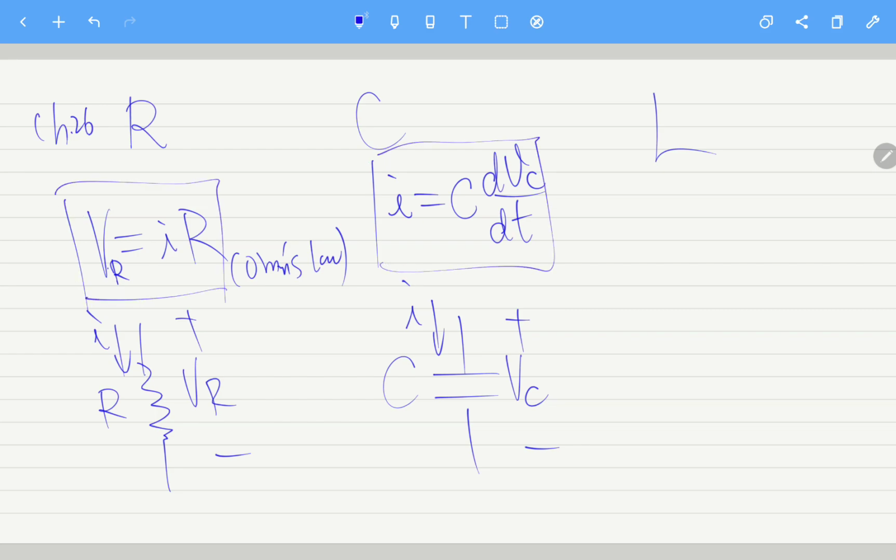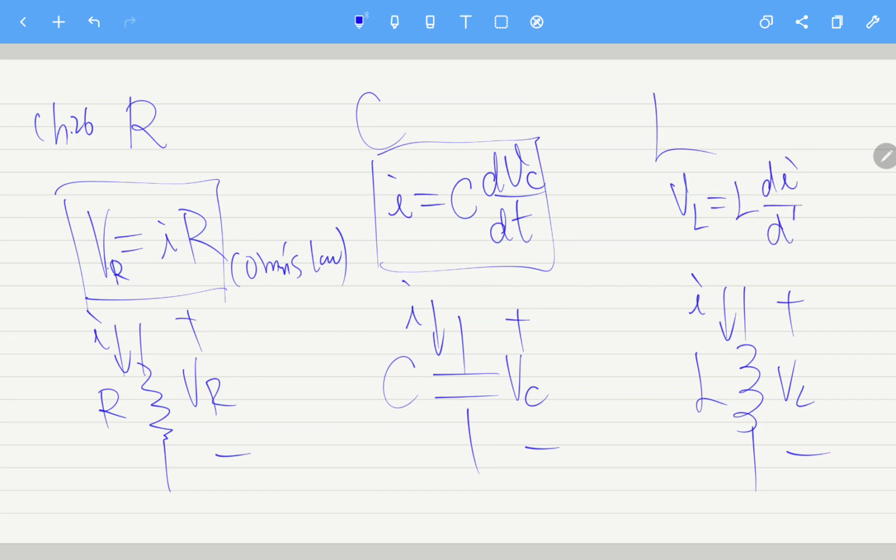And for the inductor, we have an inductor L with V_L plus minus and this is I. This is nothing but V_L equals L di/dt. These are derivatives. Later on we'll use these to write the differential equation.